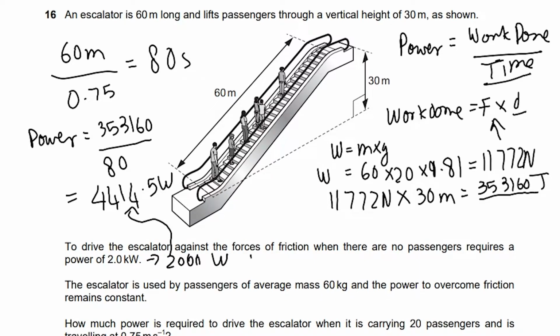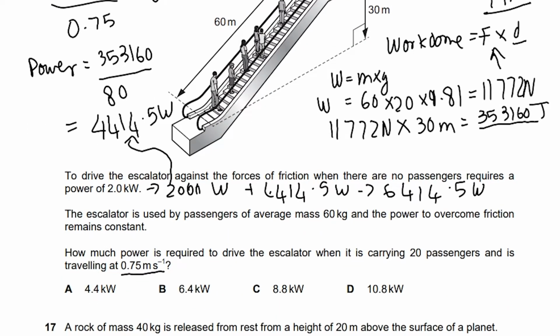So 2000 watt plus 4414.5 watt is equal to 6414.5 watt, and 6414.5 watt is equal to 6.4 kilowatt. This means that option B is the answer. C is not the answer, D is not the answer. Option B is the correct answer.